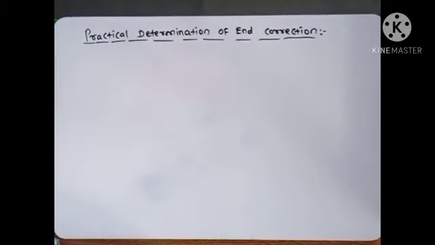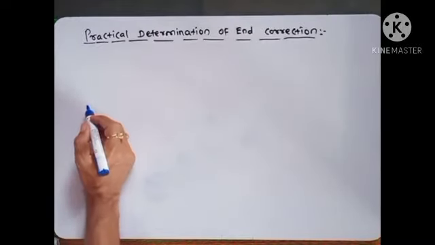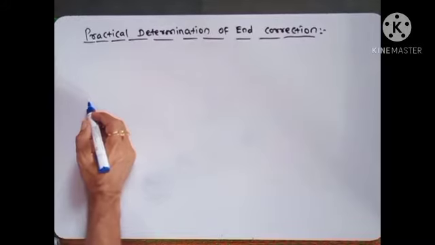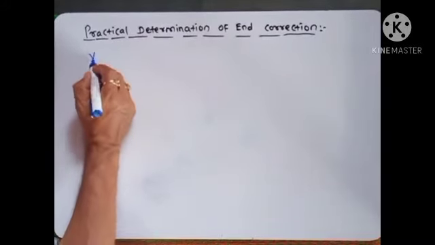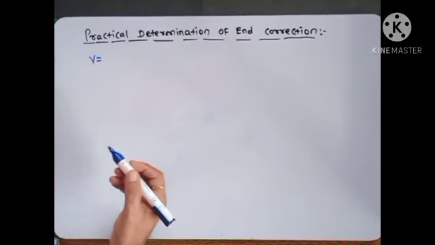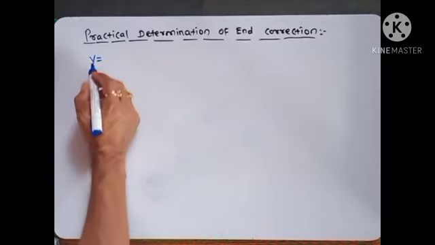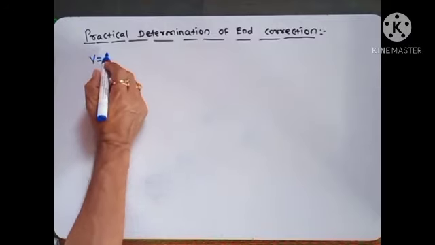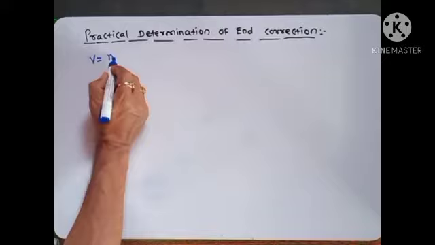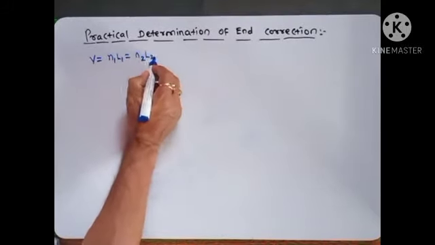See here, when the pipe is open at both ends, if we consider different frequencies and different lengths, then we can write V equal to N1 L1 is equal to N2 L2.